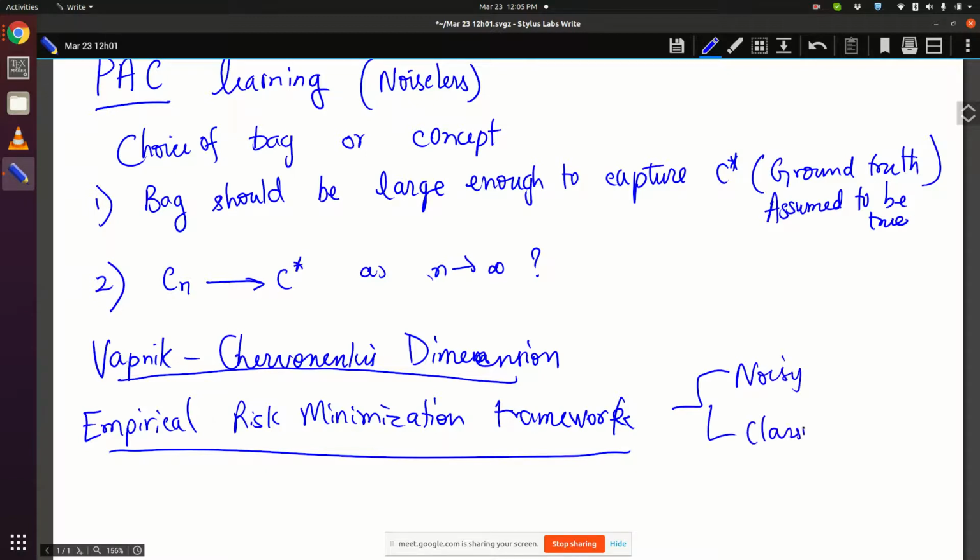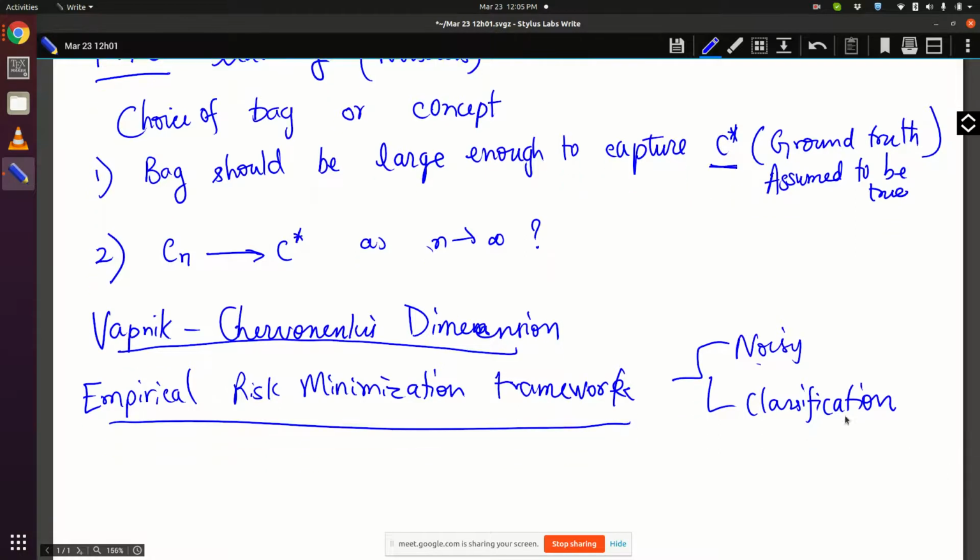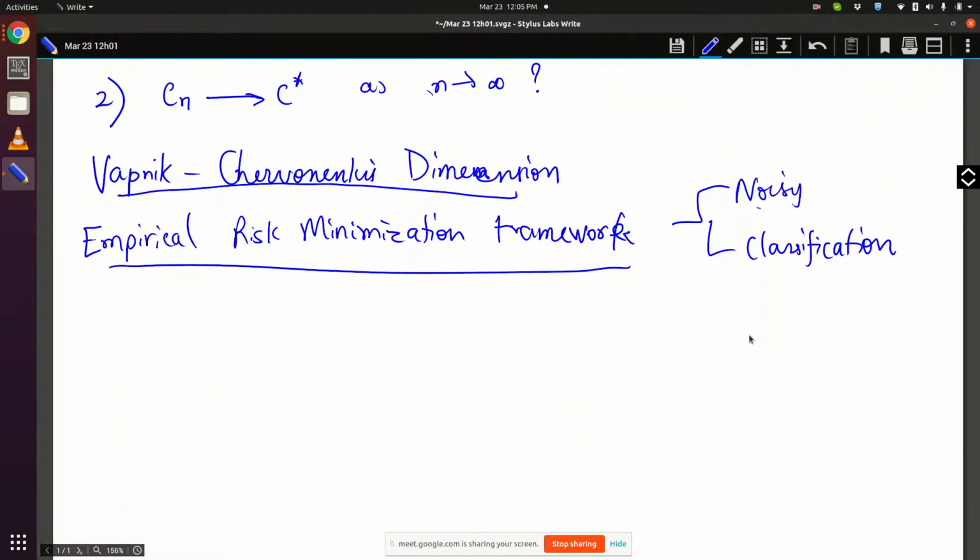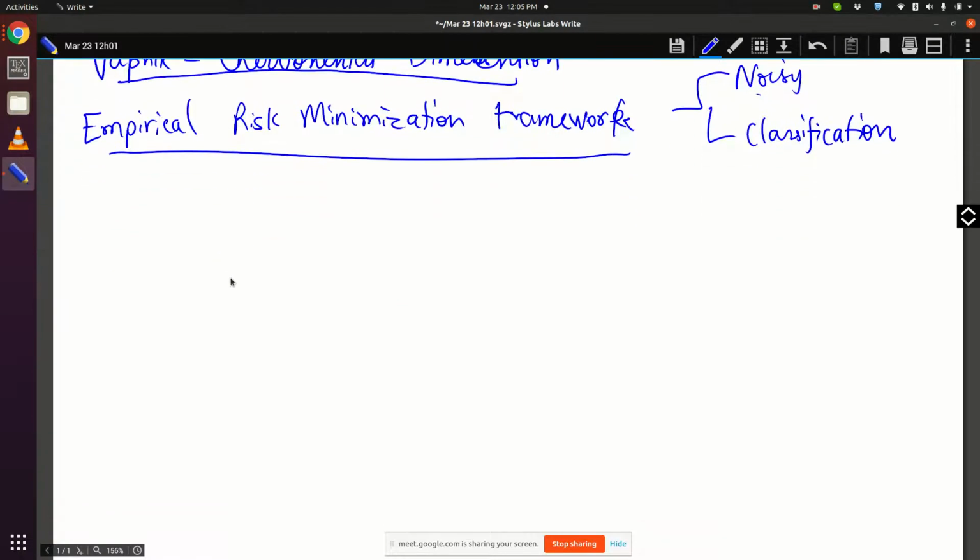So from noiseless we are moving to noisy. In noiseless itself we have understood that not all choices of concept bags are good. If you try to use a very complicated classification algorithm, it may not reach C star. So that is what we learned. Now, in the noisy case, what is it that we can say? This we are going to discuss now.